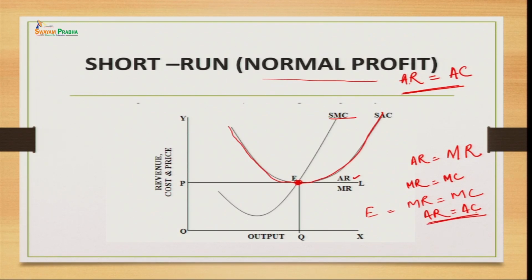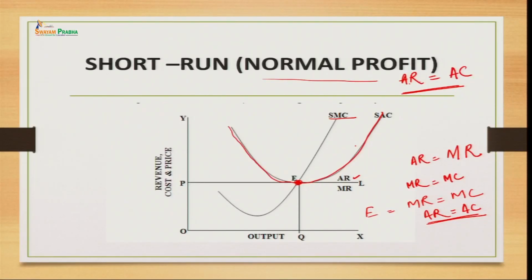This is the minimum return a firm is expecting to continue its operation, because we are not considering the situation of a supernormal profit where the firm is earning more, or where the firm is incurring any loss. This is the condition where a firm can have its existence in the market, because they are earning enough to meet their cost. So, this is how we explain normal profit in the short run. I believe this is clear to everyone. There is no profit and there is no loss.